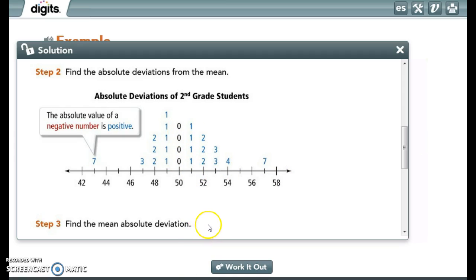And divide by how many data values you have. Do not forget your data values that have a deviation of 0 because we need to account for those 4 values too. So take a minute to find the sum and divide by your total data values.